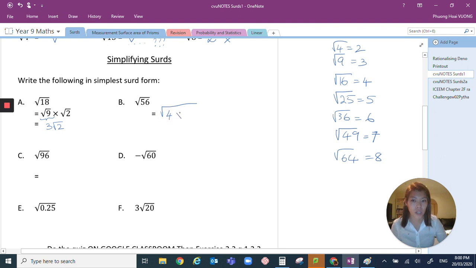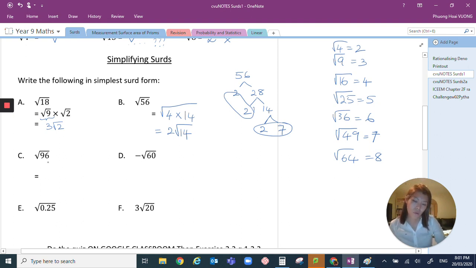So 4 times 14. 28 is 2 times 14, and then we have 2 and 7. So now we know that square root of 4 is just simply 2, and then square root of 14. And we're done.